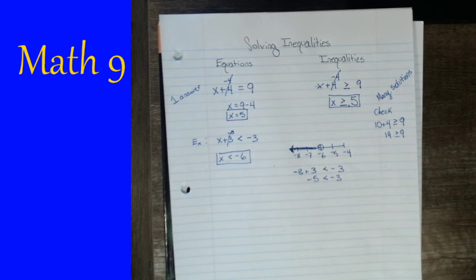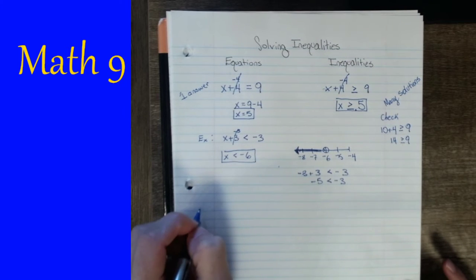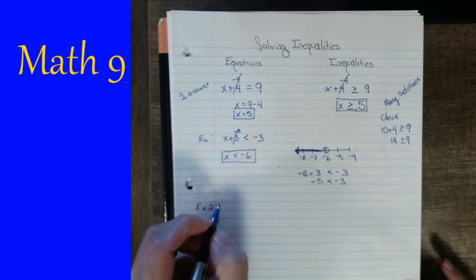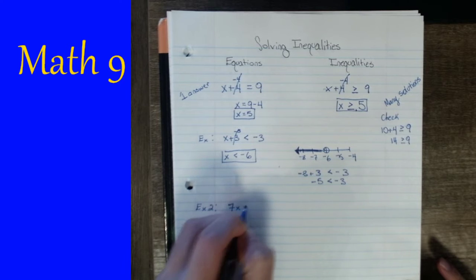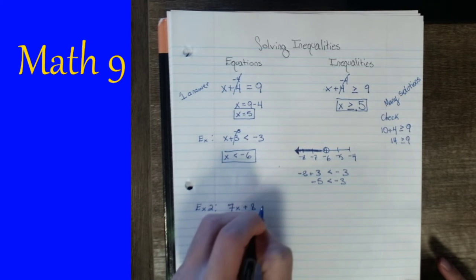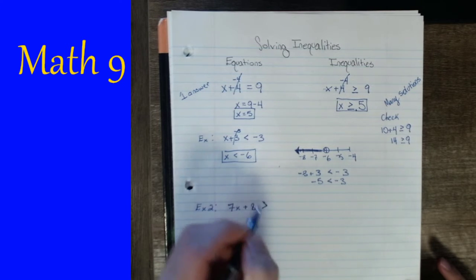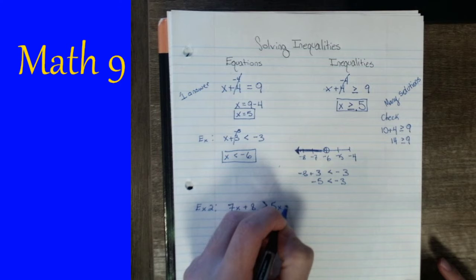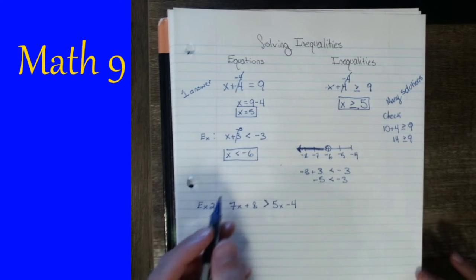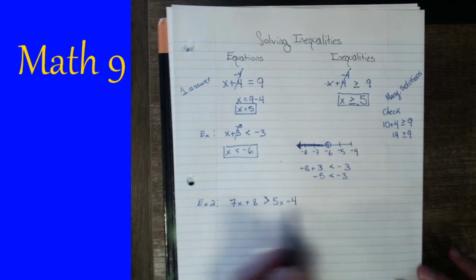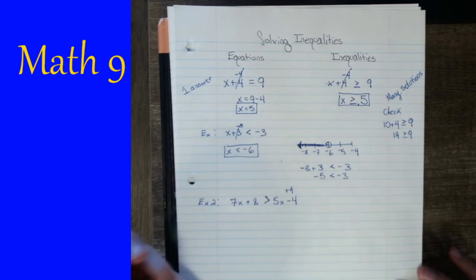Okay, let's try a little bit more complex example. 7x plus 8 is greater than 5x subtract 4. I'll start where my mind usually goes for this, which is I'm going to add 4 to both sides.